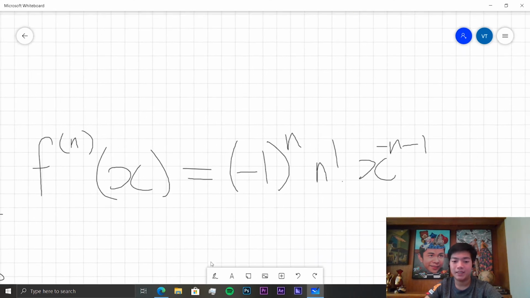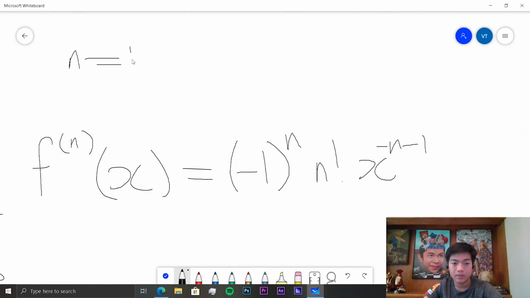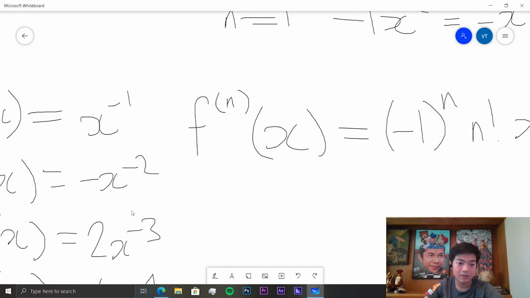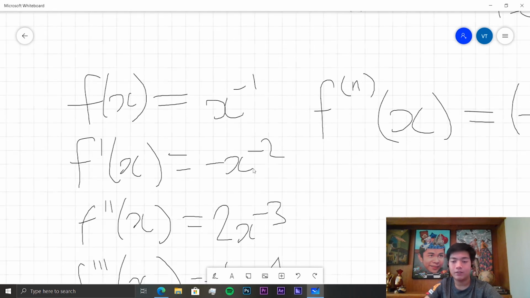First of all, base case of n equals 1. We have -1 to the 1, so -1 times 1 factorial, which is 1, times x to the -1 minus 1. So we have -1x to the -2, which is equal to -x to the -2. And I think that should be correct. Yes, so for the first derivative, we have this.